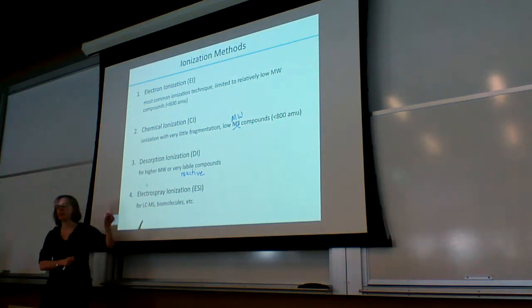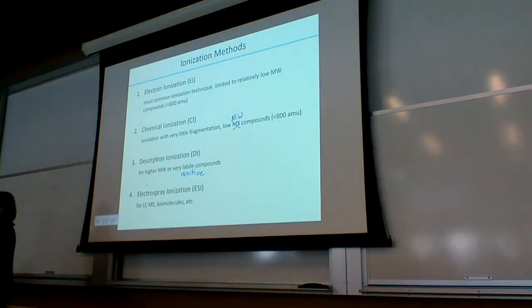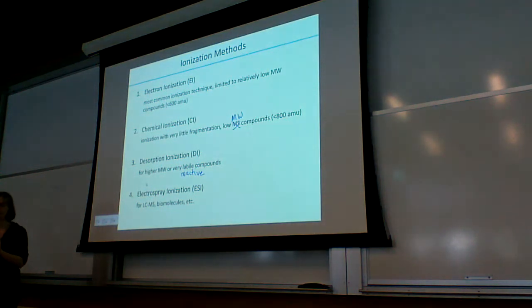Particularly, it's used for the LC mass spec in biomolecules. For the LC mass spec, I said that can be useful because anything that can dissolve in a solvent, you might be able to analyze. The problem is that then you have your sample dissolved in a solvent, and you have to get rid of it. The electrospray will give us a way to get rid of it, so we can actually analyze those as individual ions.